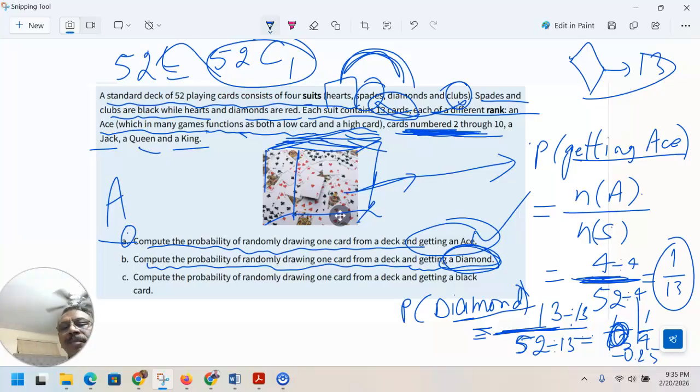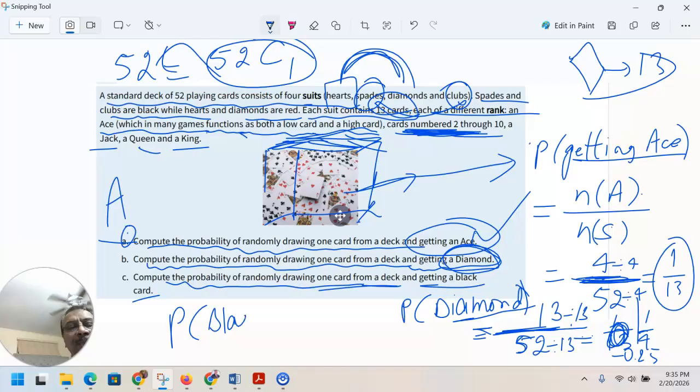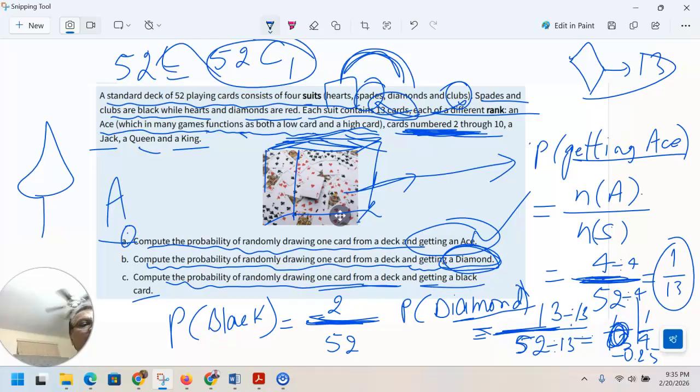Next is what is the probability of picking one card and getting a black card? The total number of cards is 52, and there are how many black cards? The clubs and the spades are black cards.